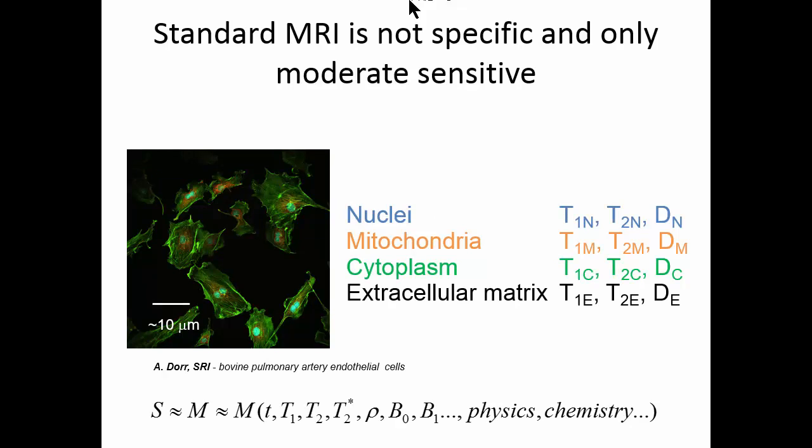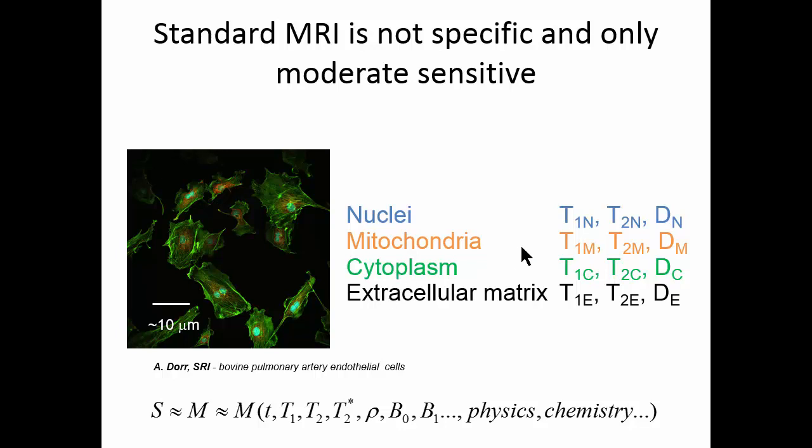And the fact is that if we look at our regular tissue, we are dealing with a very heterogeneous system. We have spins inside the nuclei, mitochondria, cytoplasm, extracellular matrix, vascular, etc. The chemical environment of water in each of those compartments is very, very different. Diffusion is different, macromolecular content is different, motion is different. So therefore, all those tissue compartments should have different relaxation times.